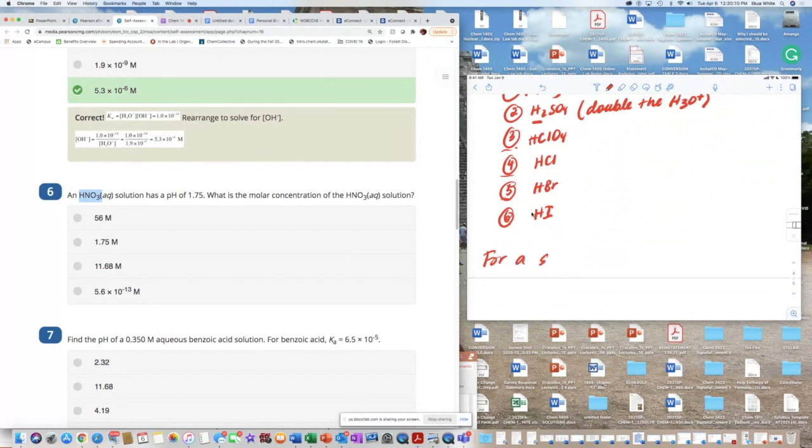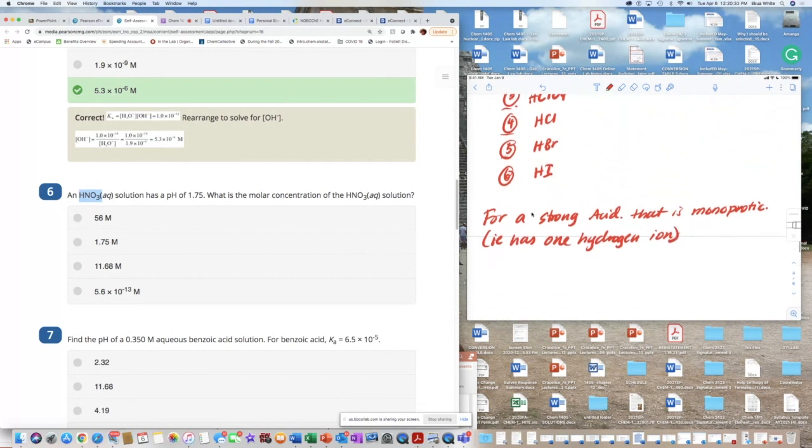For a strong acid that is monoprotic, i.e., has one hydrogen ion. So I'll show you here.